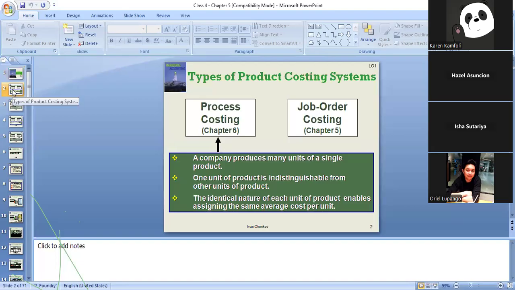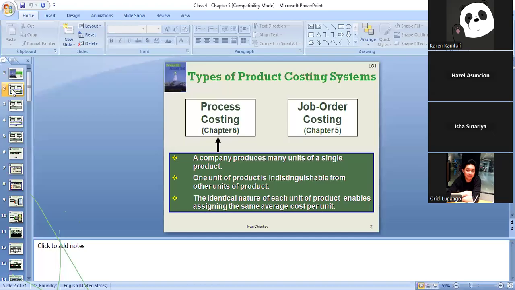First thing is how we're going to get the cost of our products. Again, we're a manufacturing company with manufacturing products. How are we going to get the cost? There are two common ways to get the cost, based on the process that we're running in our company.